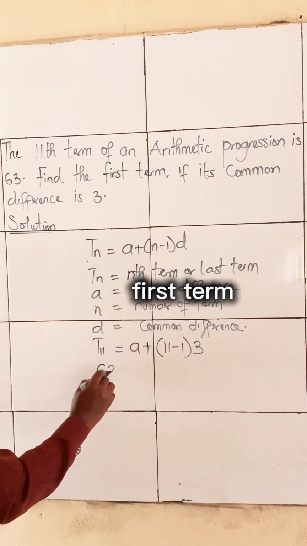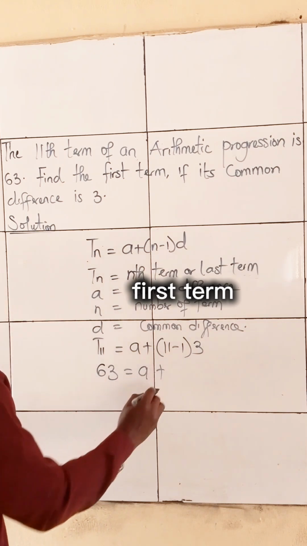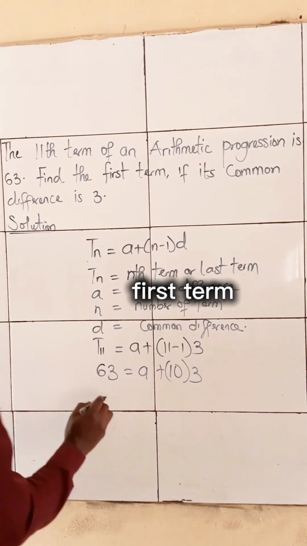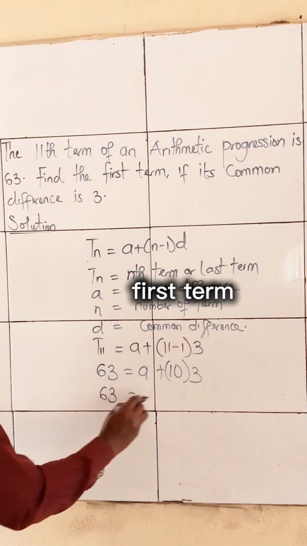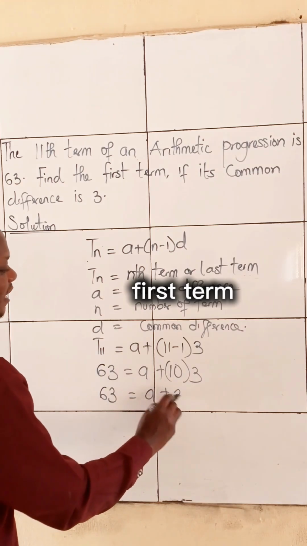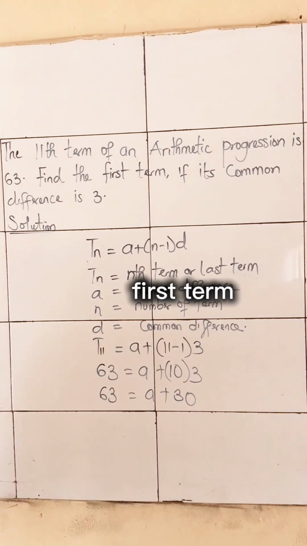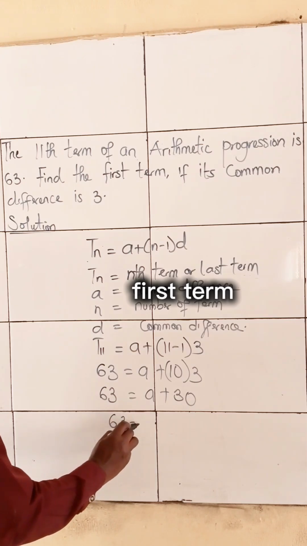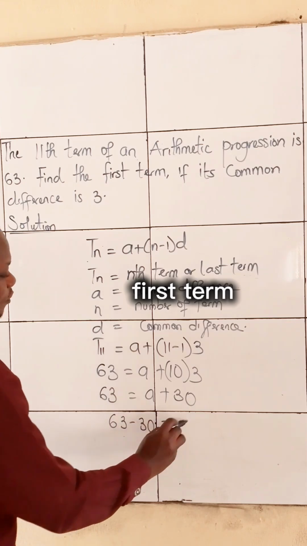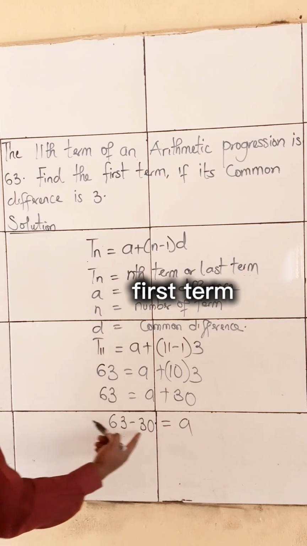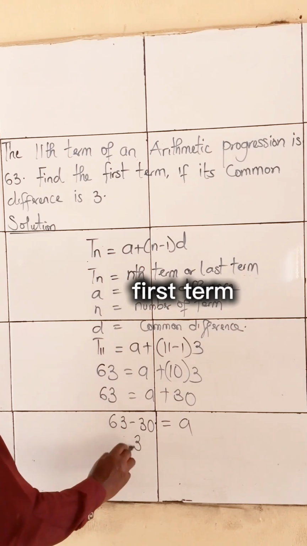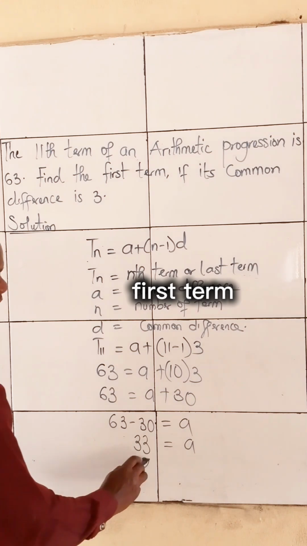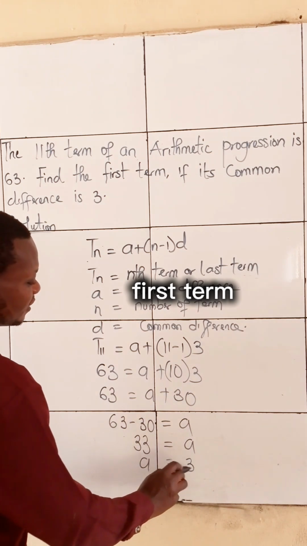So we have 63 equals to a plus 11 minus 1 will give us 10, bracket 3. So we have 63 equals to a plus 30. Okay, so from here we can collect like terms by saying 63 minus 30 equals to a, and 63 minus 30 will give us 33 equals to a, or we can say a equals to 33.